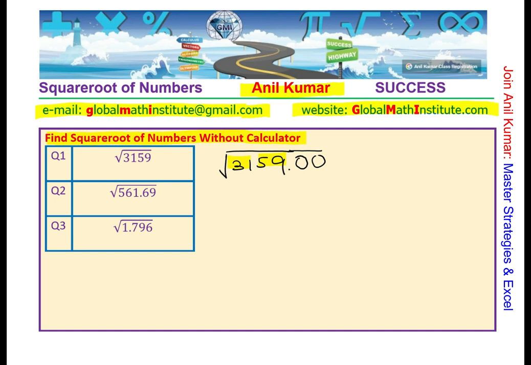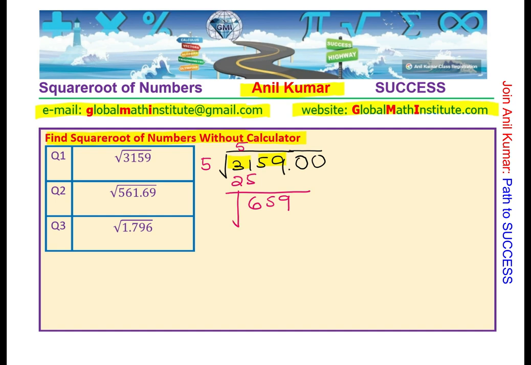Now, since we want the square root of 31, find a number whose square goes under 31. 6 squared is 36, that doesn't work. So we have 5 squared, which is 25. Take away 25 from 31, that gives you 6. Bring down the next two numbers, which is 59, and again we'll find the square root.